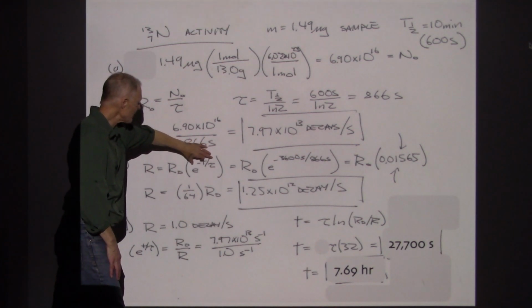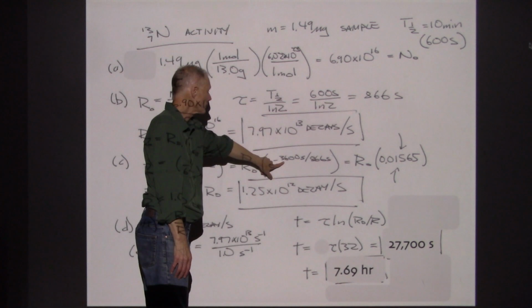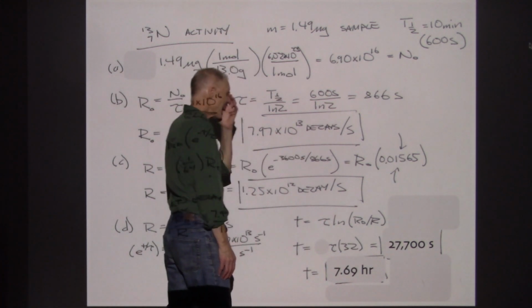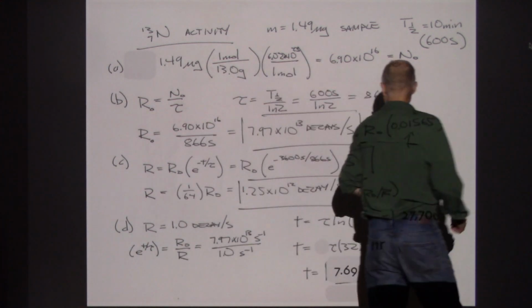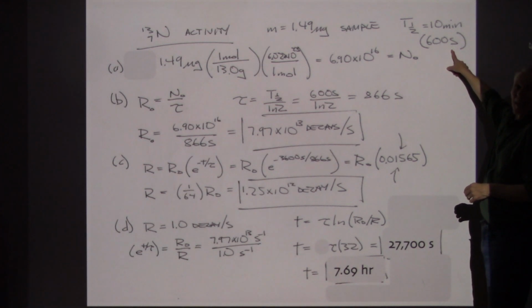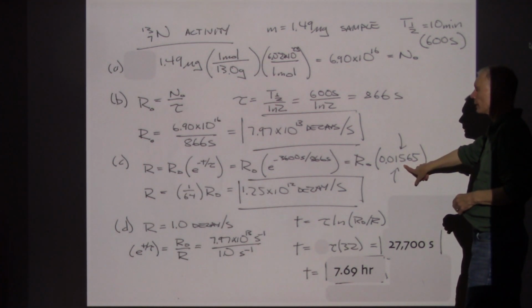I can calculate that effect by putting in the amount of time, 1 hour later. So I'm putting in 3,600 seconds, dividing through by tau, and for this particular half-life, an hour later is like 6 half-lives gone by. I'm down to 1.6% remaining.